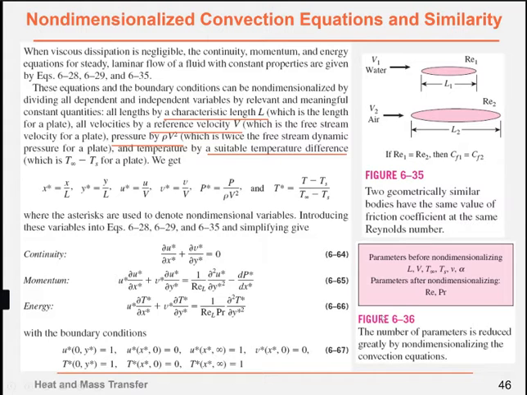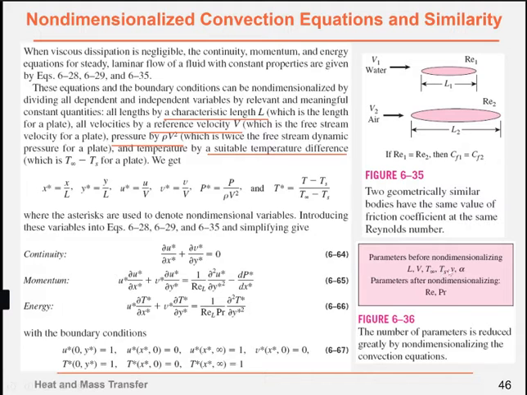So you can see the number of parameters is reduced greatly by non-dimensionalizing the convection equations. That is why we introduce this method, because if you use this method, the parameters reduce a lot.